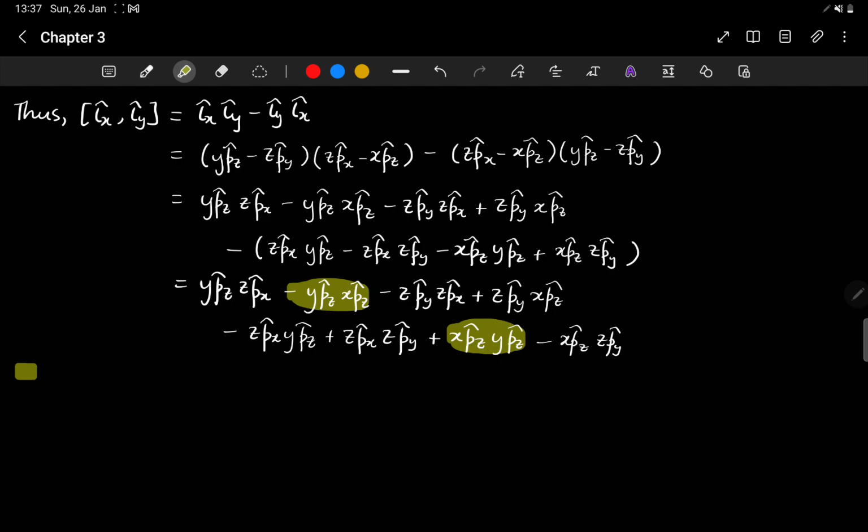So if I'm looking at this grouping, we have negative y pz x pz plus x pz y pz, and this is actually, we can take x out because pz acting on x leaves it unchanged. It doesn't act on x, so x can come out.